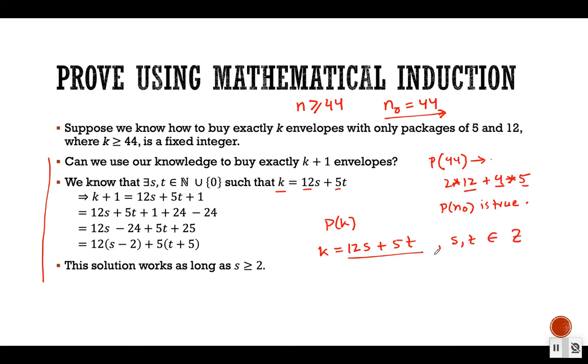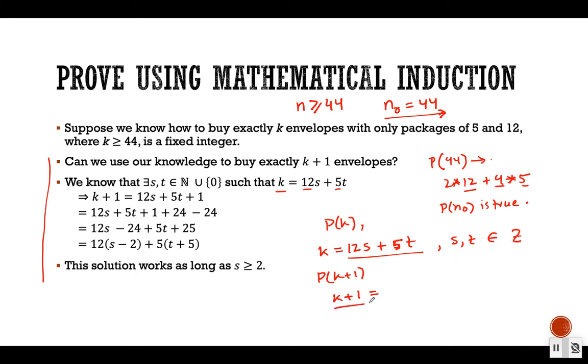Now I have to prove that Pk plus 1 is also true. That means for k plus 1 also I should be able to represent k plus 1 as a linear combination of 12 and 5, in this form, where s and t are both integers.